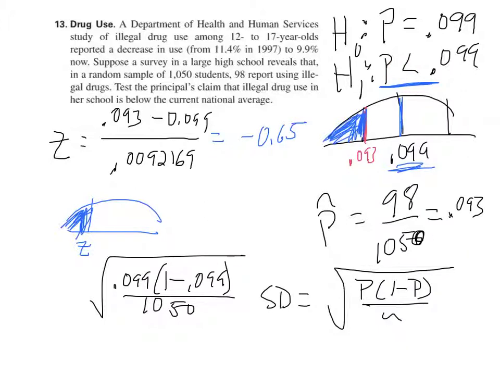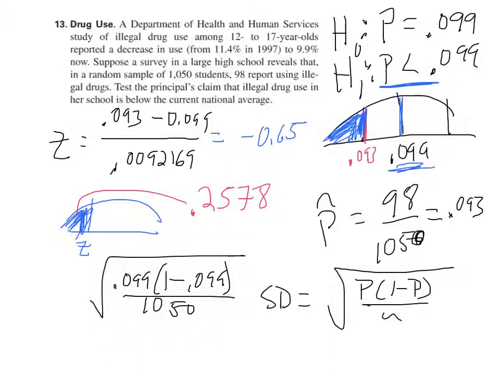Okay? So if I'm looking this up right on the table, I'm getting that the probability of getting this far below it is 0.2578, which is not even close to being a rare event. That's saying that almost 26% of the time we'll get a sample this low if this is the true average.